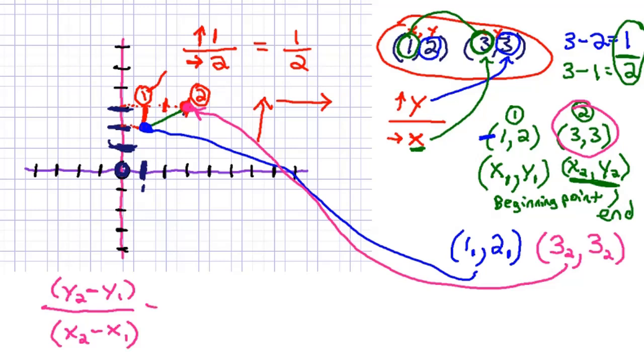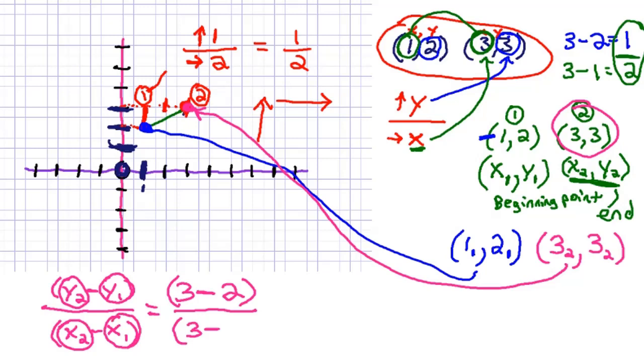So in our case, the second y is going to be the 3. So that's going to be 3 minus the first y, and the first y was a 2. And then you go over, and the second x, the end point coordinate, was a 3, minus the first x.